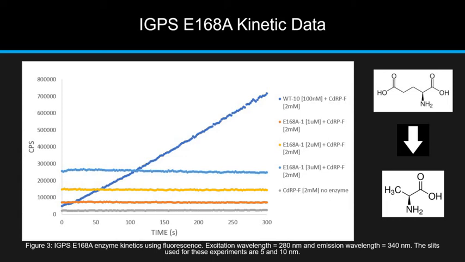This again has been observed while testing different enzyme and substrate batches. And once again here, we see that as more enzyme is added to the cuvette, the signal at time 0 increases. So the dark blue line is wild type IGPS at 100 nanomolar. Then we increase a little bit when we add 1 micromolar of the mutant. This is 2 micromolar and this is 3 micromolar.